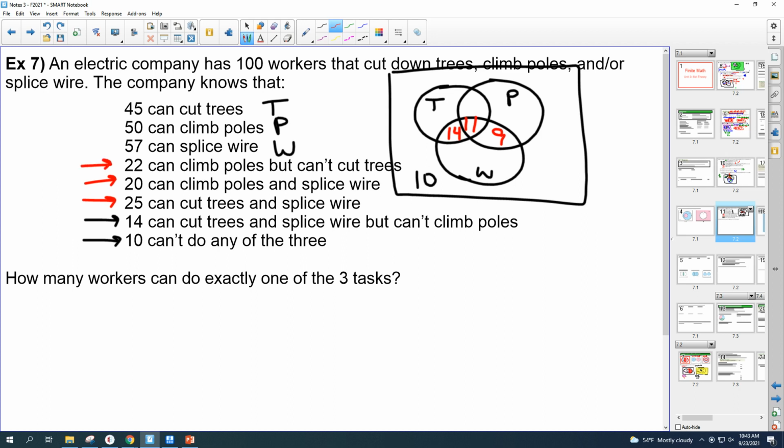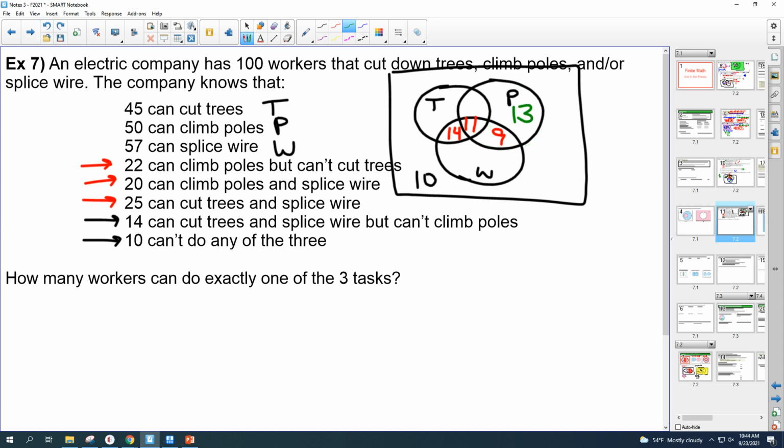22 can climb poles but can't cut trees. 22 poles but not trees. Poles but not trees is this moon shape, right? Poles yes, trees no. So if that is 13, 13 in that missing spot. 13 right there.